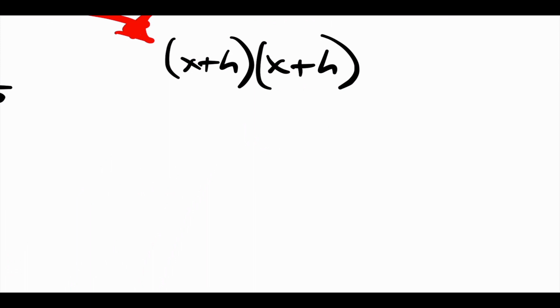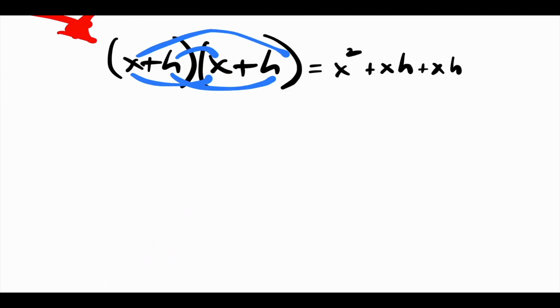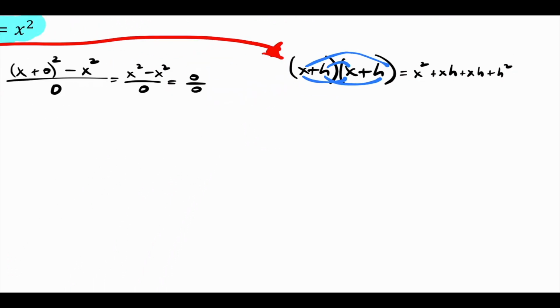Okay. So we use FOIL. First, outer, inner, last. So we get x squared plus x times h plus another x times h plus h squared. That's what it multiplies out to. Okay, I'm going to go put that back.